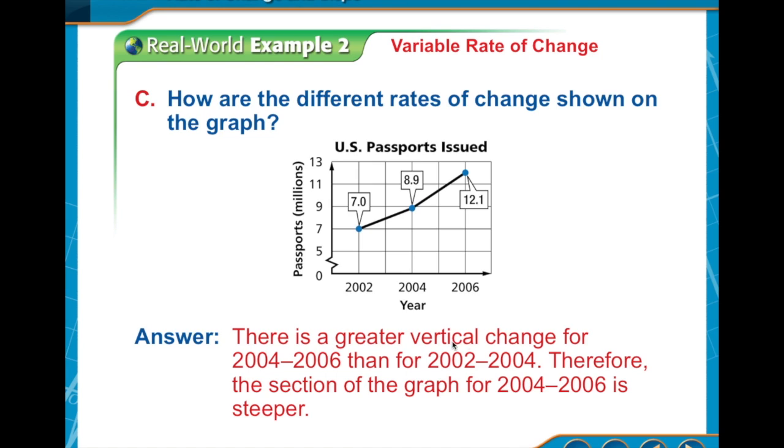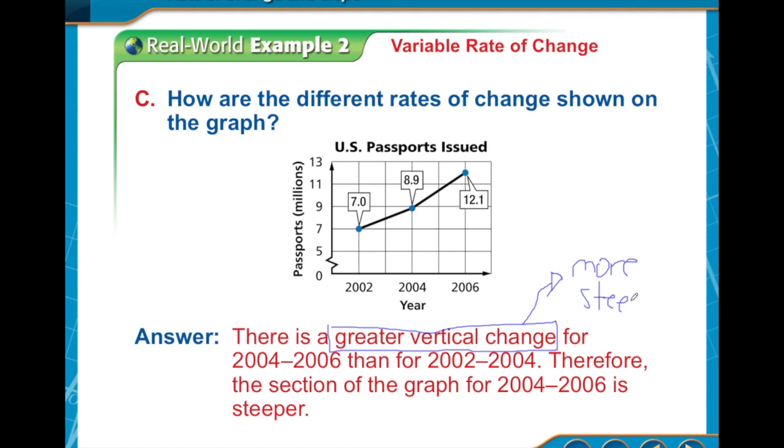Well, we see the greater vertical change between 04 and 06. Another word for this greater vertical change, and please write this down, greater vertical change, is more steep.